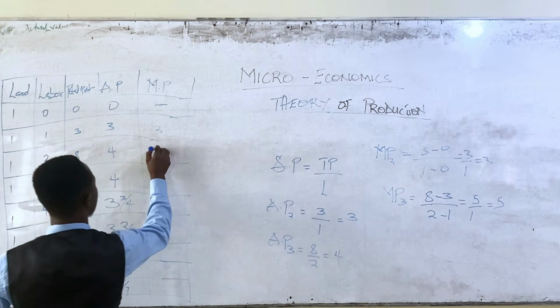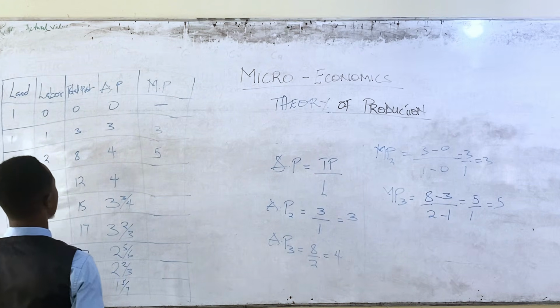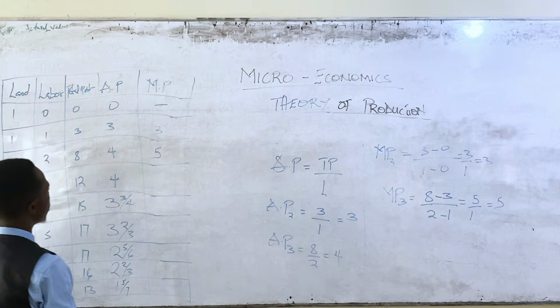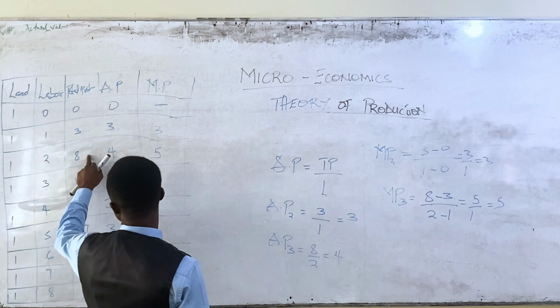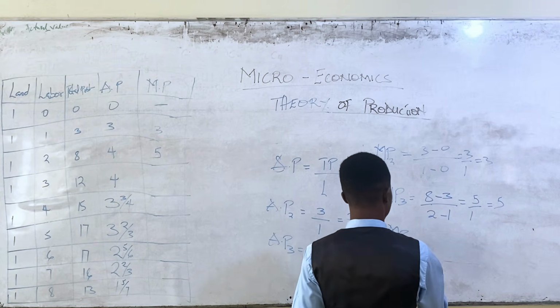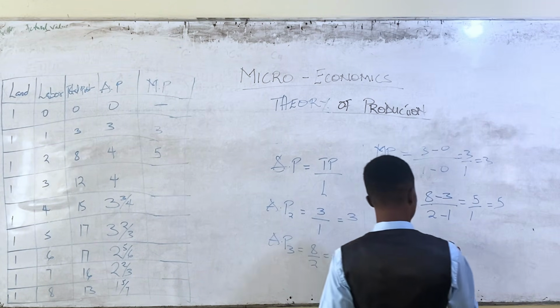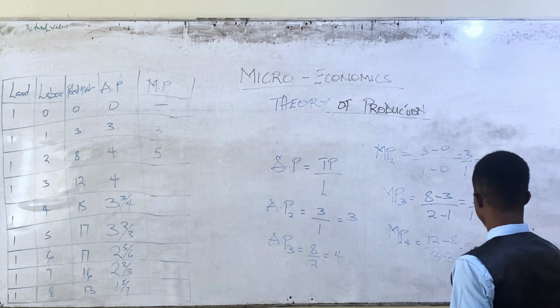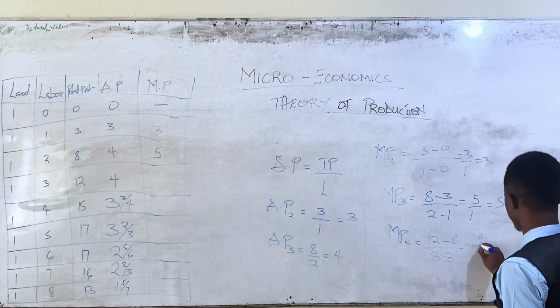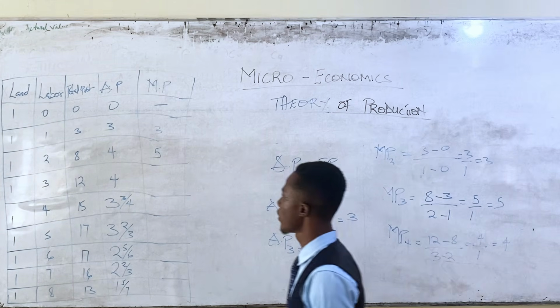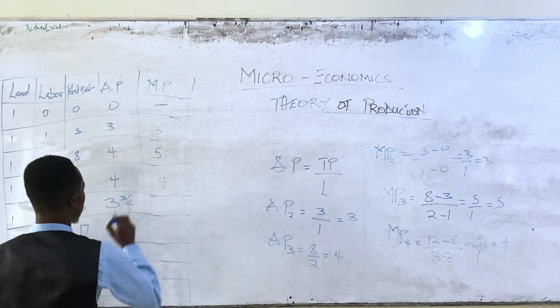So you have 5 here as your marginal product. And here too, 12 and 8, so MP4 is equal to 12 minus 8 over 3 minus 2. So you have 4 over 1, that is 4.